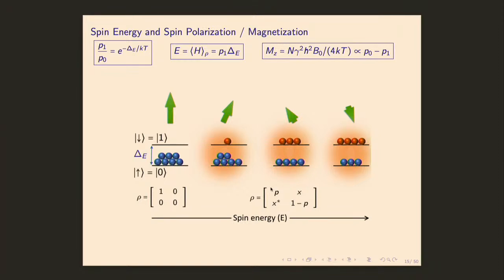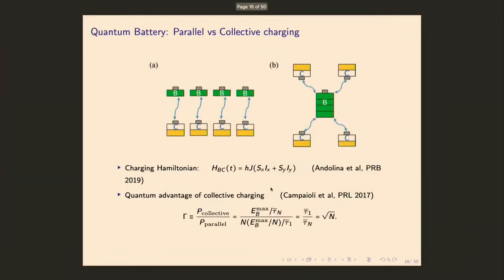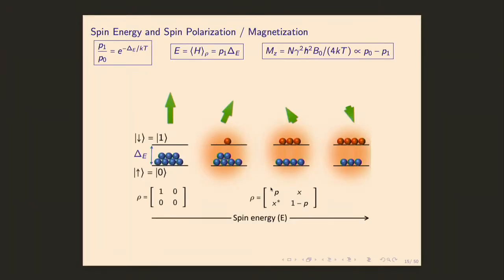In the previous example there is only population, no coherence, so the density matrix is always diagonal. Whereas we can also have coherent states, superposition states, and quantum batteries actually exploit this to get higher charging rate, higher discharging rate, and so on.